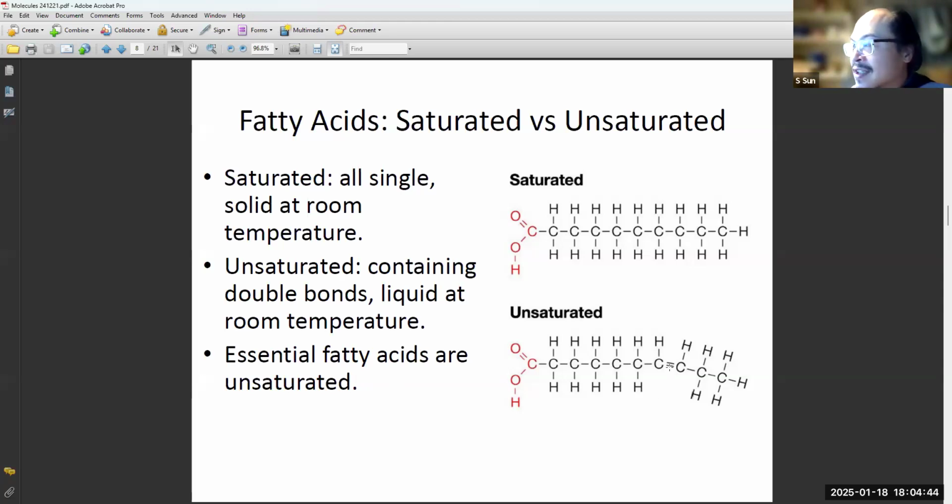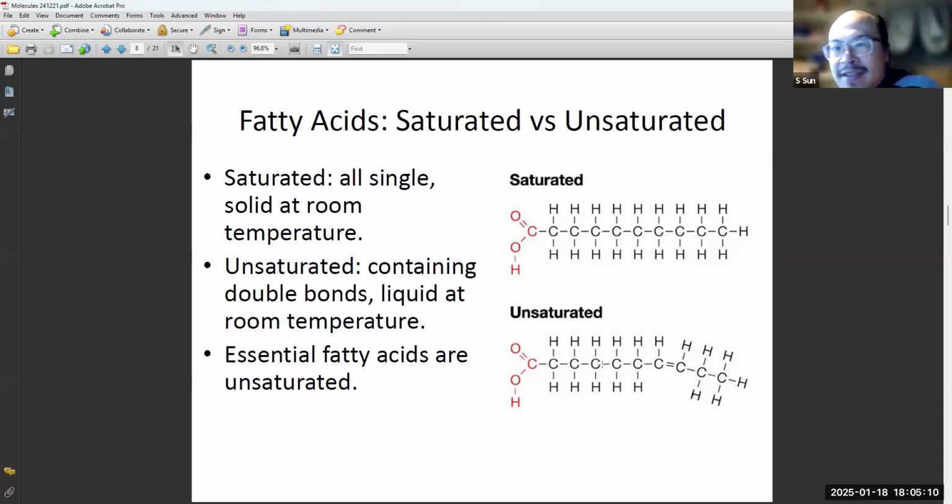Omega-6 is the double bond present at carbon number 6: 1, 2, 3, 4, 5, 6. Omega-3 is the double bond at carbon number 3. That's why people prefer unsaturated fatty acids over saturated fatty acids.